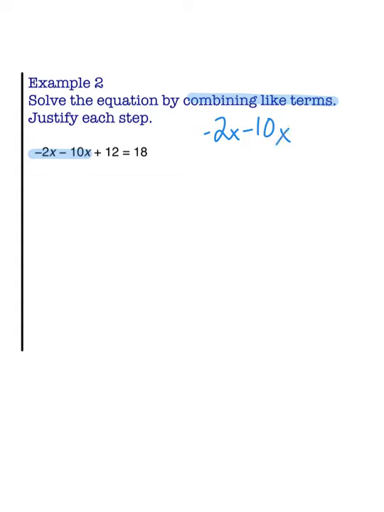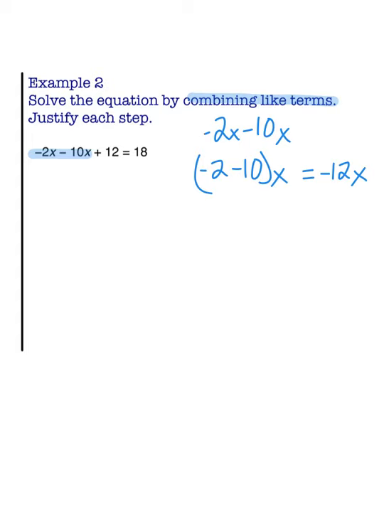Now, it might be helpful to think of the distributive property. If I took x out of both of those terms, I would have negative 2 minus 10. And we know that negative 2 minus 10 is negative 12. So that's negative 12x. Another way to think of it is if I have negative 2 x's and I take away 10 more x's, I'm left with negative 12x.